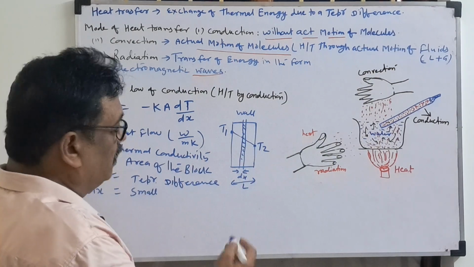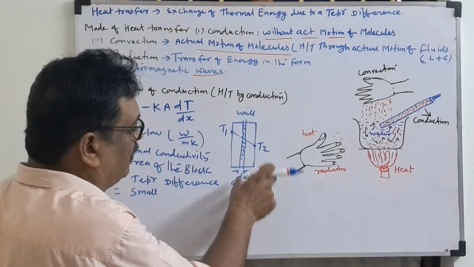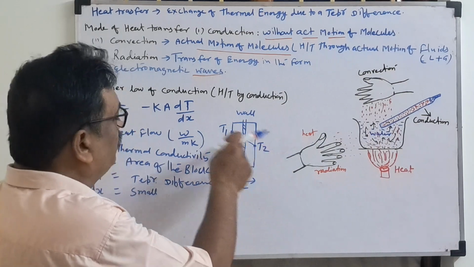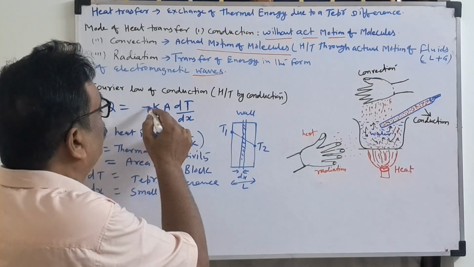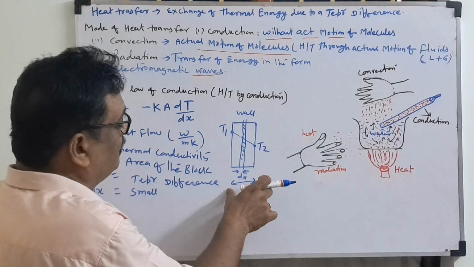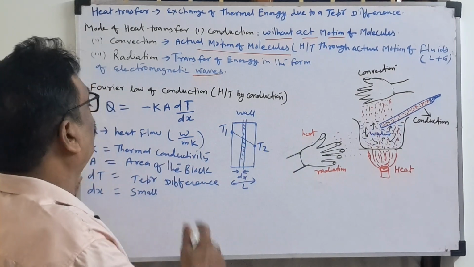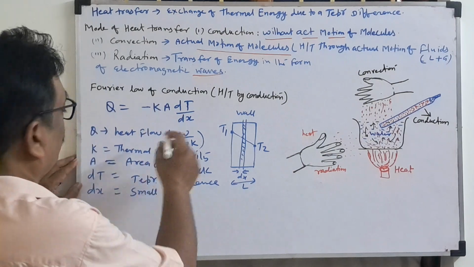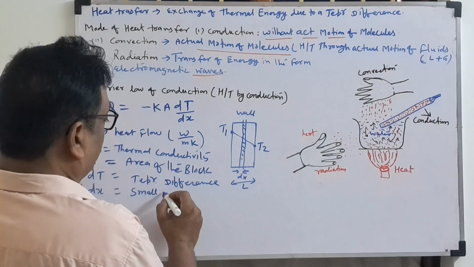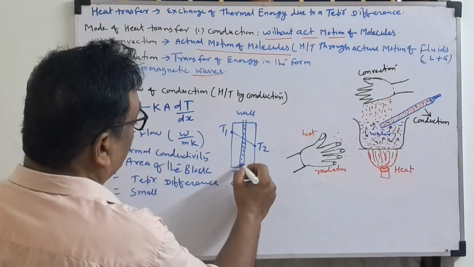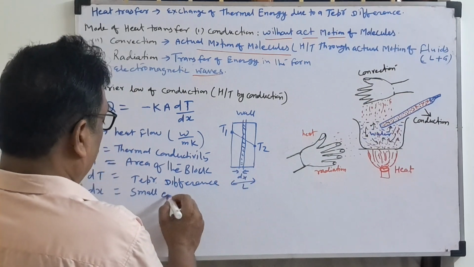If the distance increases, temperature will decrease. So that means this negative sign is here. What is the negative sign? If we increase the distance, heat transfer will reduce, temperature difference will reduce. That's why it is minus there. So dx is nothing but a small elemental distance, you write.